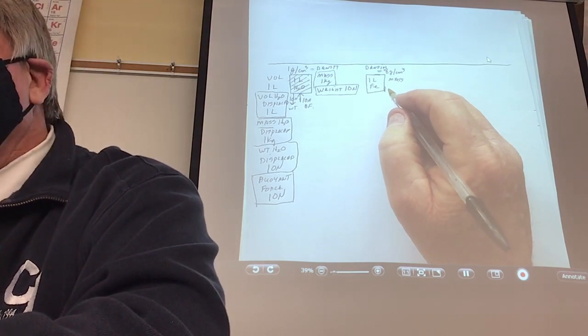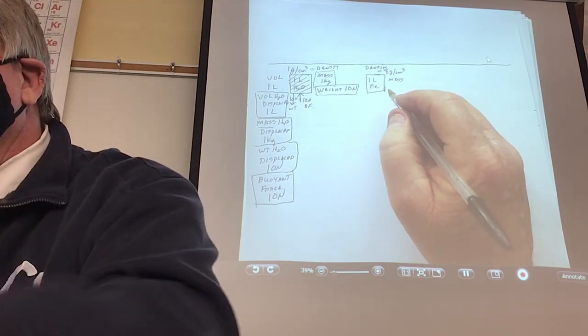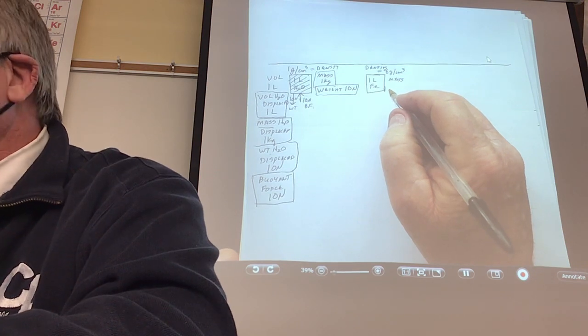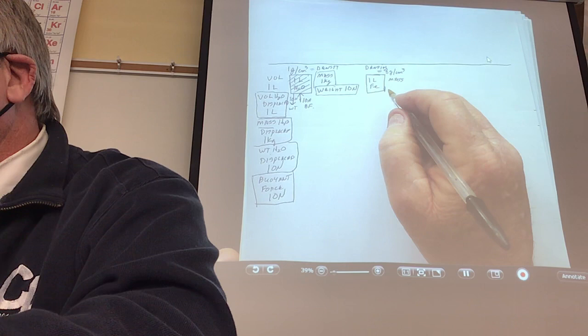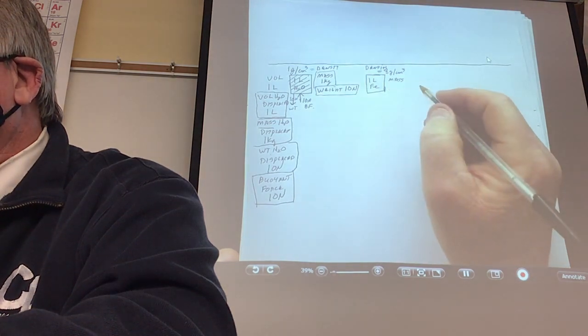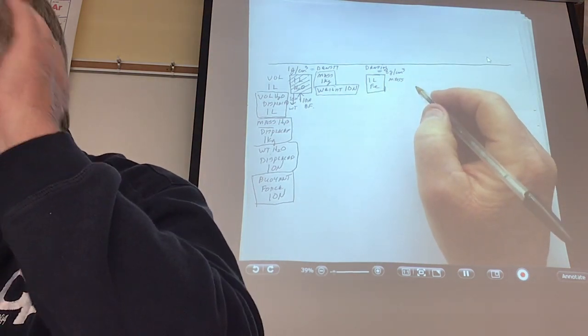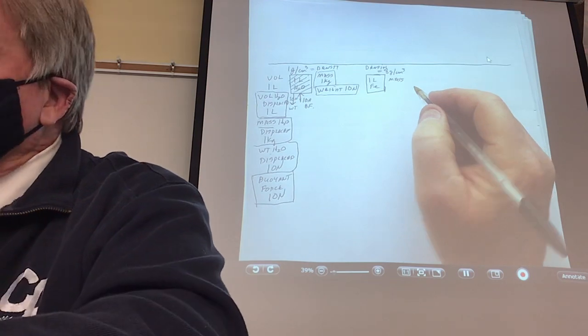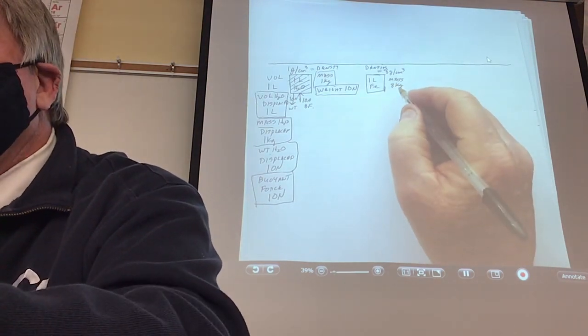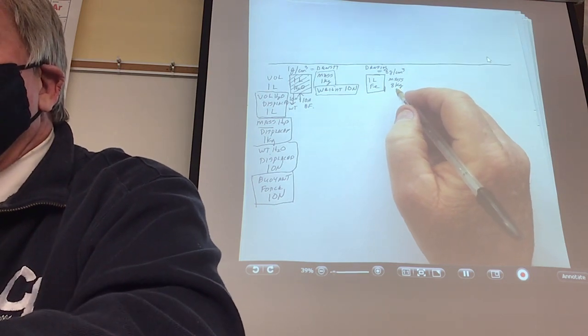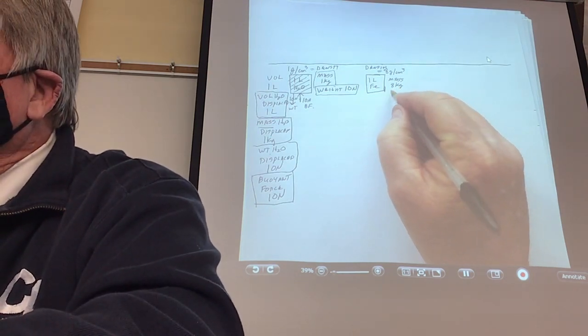Jeff, is that your hand? 8 kilos. Say it again. 8 kilos. That's exactly right. The mass is 8 kilograms. Now, since you're on a roll, what would the weight of this iron box be? Would be 80 newtons. Oh, man.